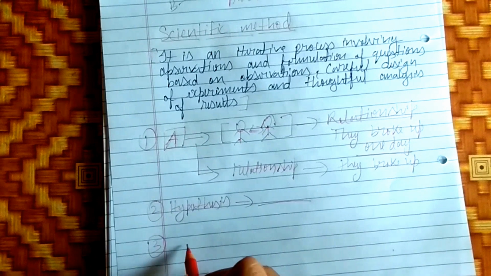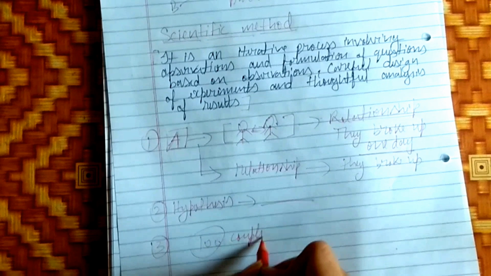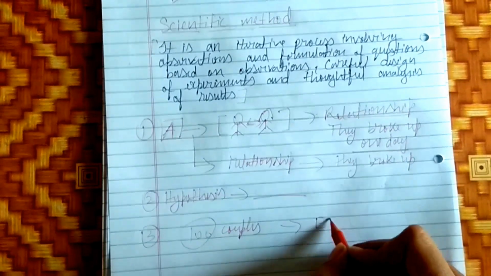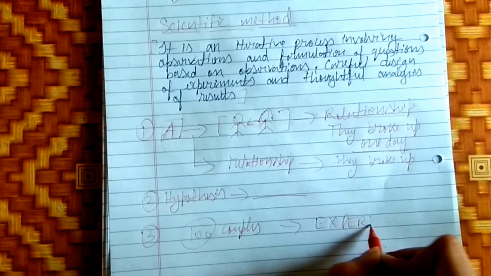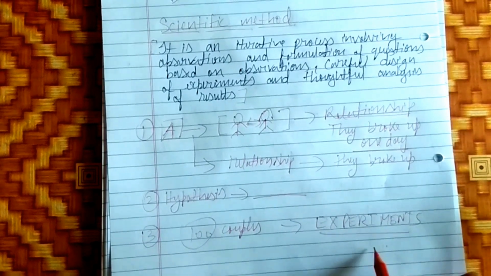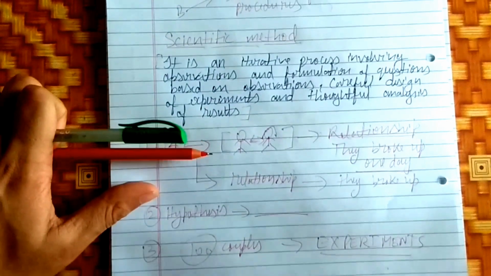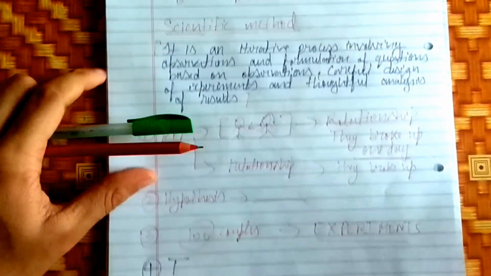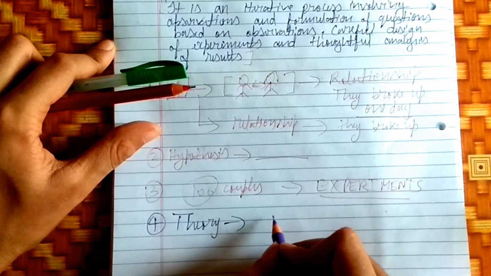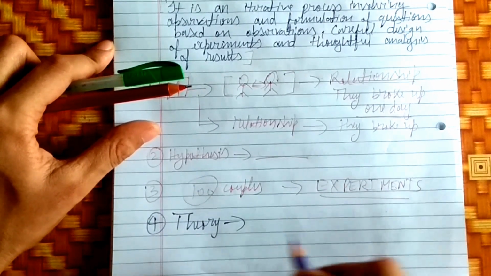To support his hypothesis, he conducted a series of experiments in which he observed 100 couples. After observing these experiments, he finally concluded in the form of a theory: whenever a couple comes into a relationship, finally they break up one day.